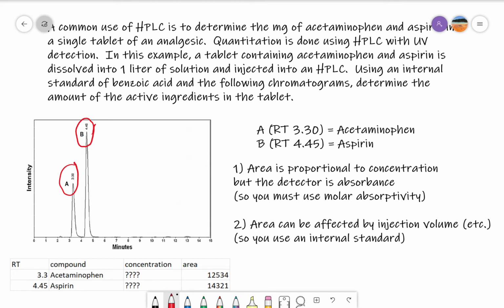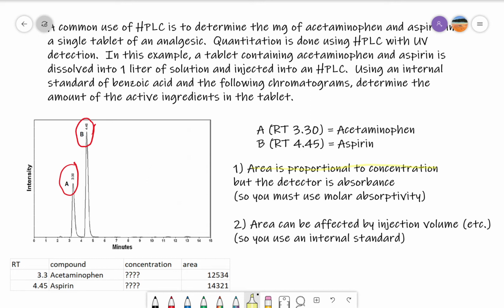The area of those peaks is proportional to the concentration. But you have to remember that the detector that you're using is an absorbance detector. So you still have to concern yourself with the molar absorptivity.